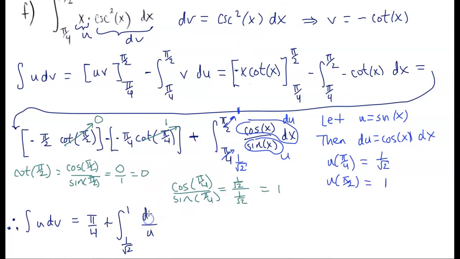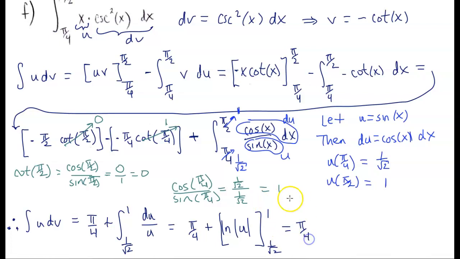All right, du over u. And so now we know that the antiderivative of 1 over u du is just going to be natural log of absolute value of u. So this is natural log of absolute value of u. And we're going to evaluate that from 1 over root 2 to 1.